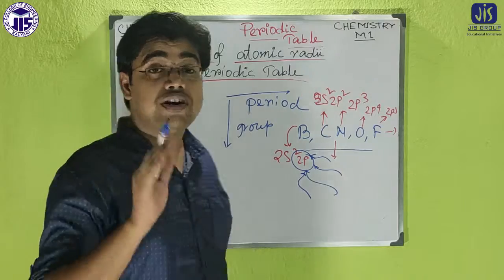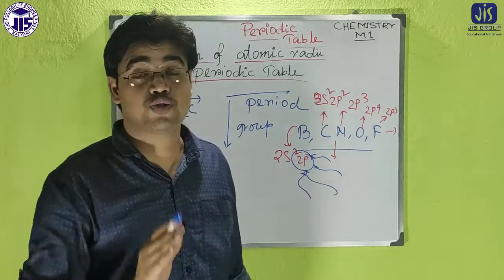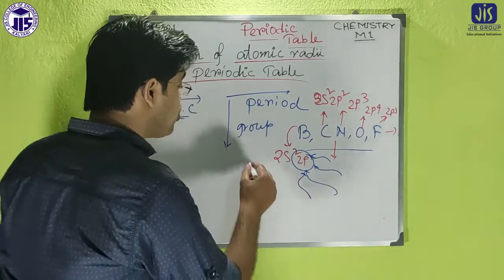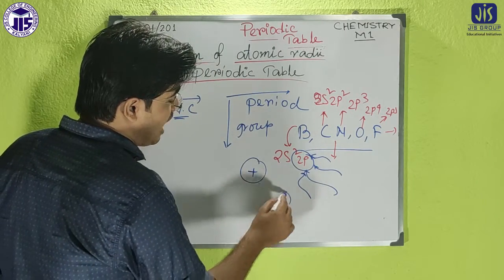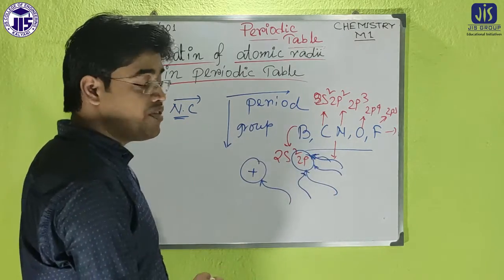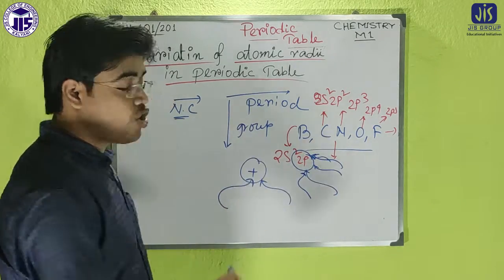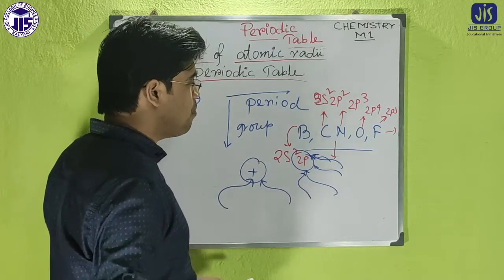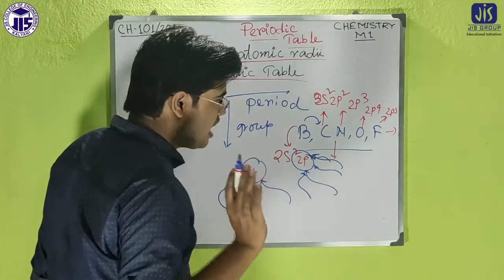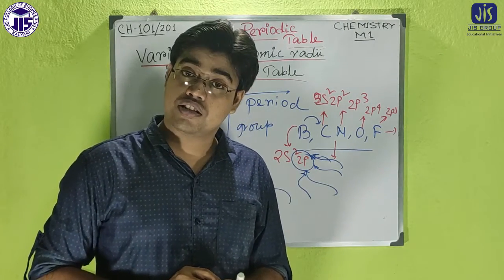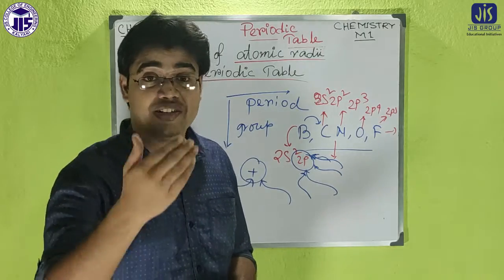But the nuclear charge, that is the number of protons, which is mainly responsible for the nuclear charge, increases. When one electron is added, one proton is also added in the nucleus. If we move from boron to carbon, one electron is added in the same subshell, 2p, and one proton is added in the nucleus.